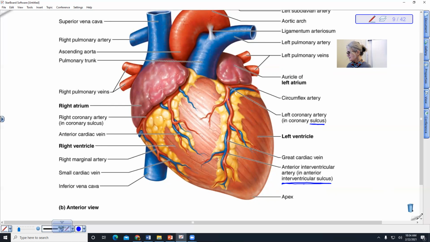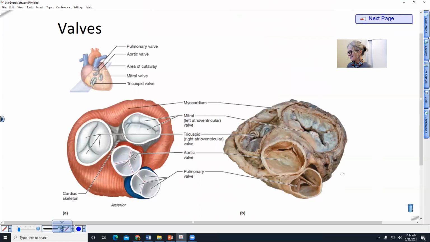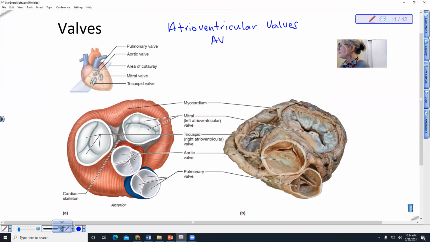So if we look at those valves, let's talk about what are called the atrioventricular valves. We have the AV valves, same thing, atrioventricular. The right one actually has a special name. It is called the tricuspid, and that is because of its structure.